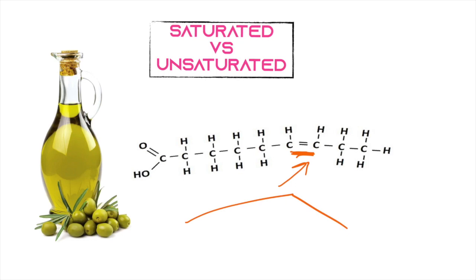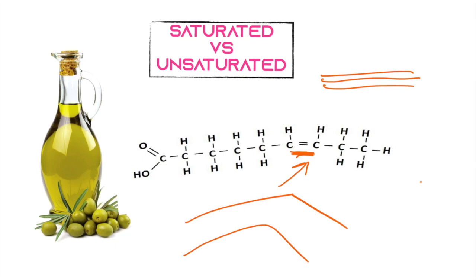The presence of the double bond and the bent shaped fatty acids cause these fatty acids not to be able to be stacked on top of each other. So the stacking won't be as perfect the way we've seen with saturated. Saturated fatty acids used to be packed closely, being straight chained.